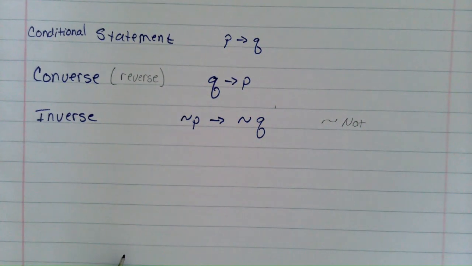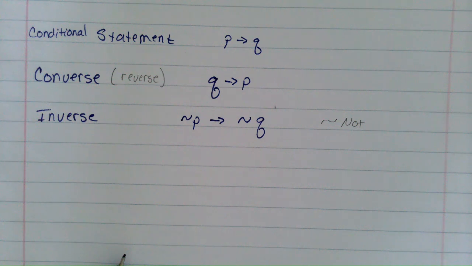So if it is not a rectangle, or if it's not a quadrilateral with a right angle, or if I don't clean my room, then I don't go to the game. If I don't bring an umbrella, then it doesn't rain. Well, I don't think that ever worked out for anyone. Just because you didn't carry your umbrella doesn't hold off the rain, right? So no one said the inverse is always true, but that's something to think about.